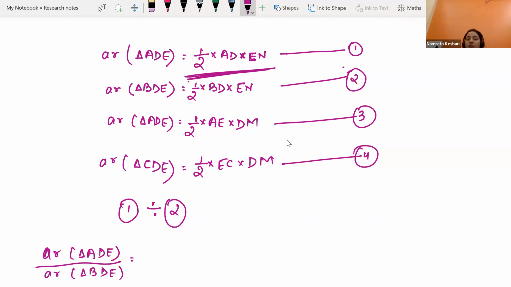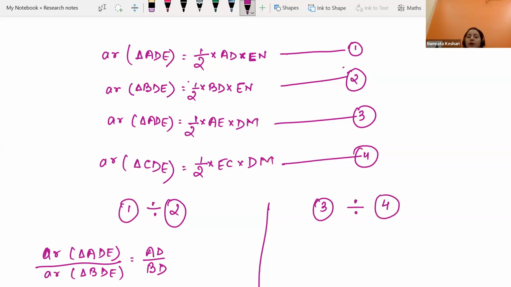So can you see 1 by 2 gone, EN gone? We are just left with AD by BD. Yes, we will directly simplify and we will write AD by BD. Okay. Similarly, here we are going to divide 3 and 4 because that's how we are having the proof part.